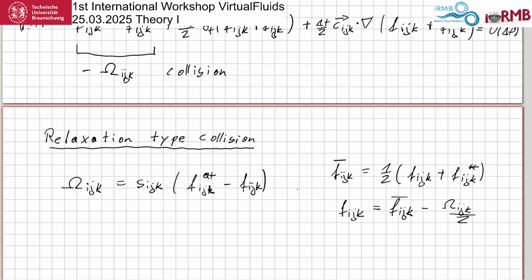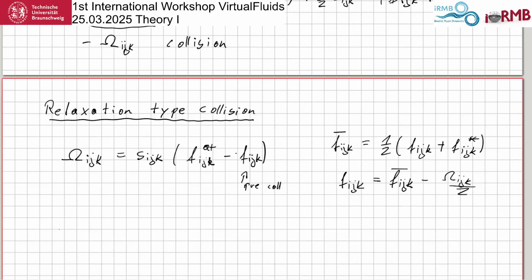We do this because we want to write the entire equation in terms of this overbar version, and in the collision operator, we unfortunately have the pre-collision state, which we want to get rid of. Because this here is pre-collision. So we can rewrite this omega ijk as Sijk into this Fijk attractor.